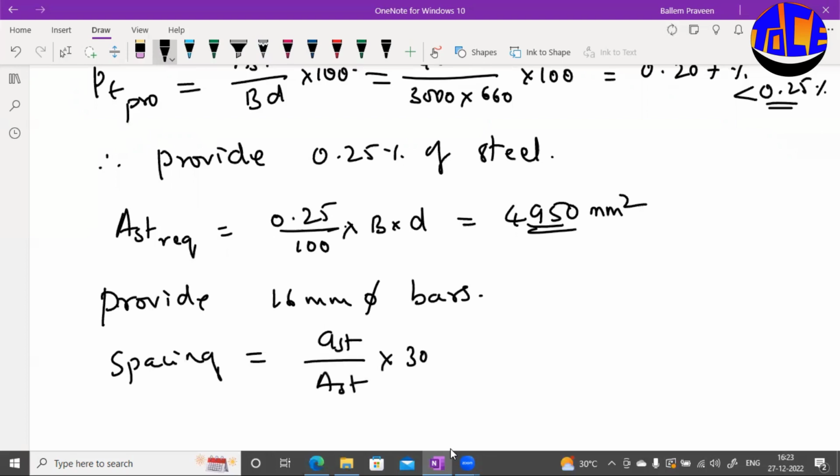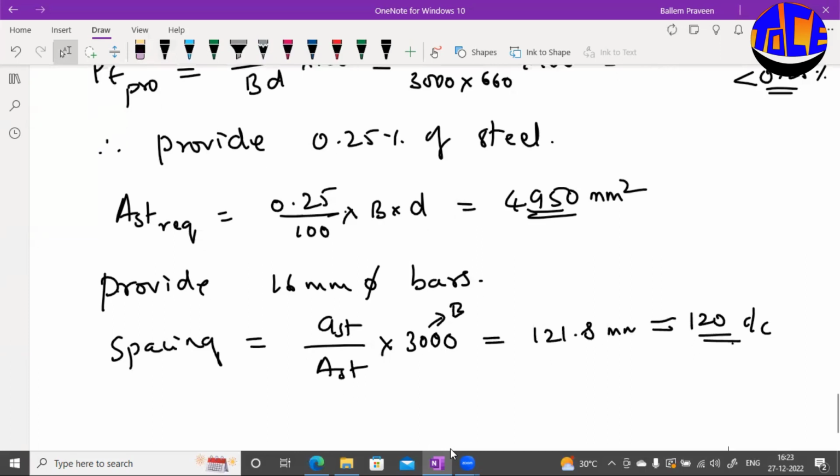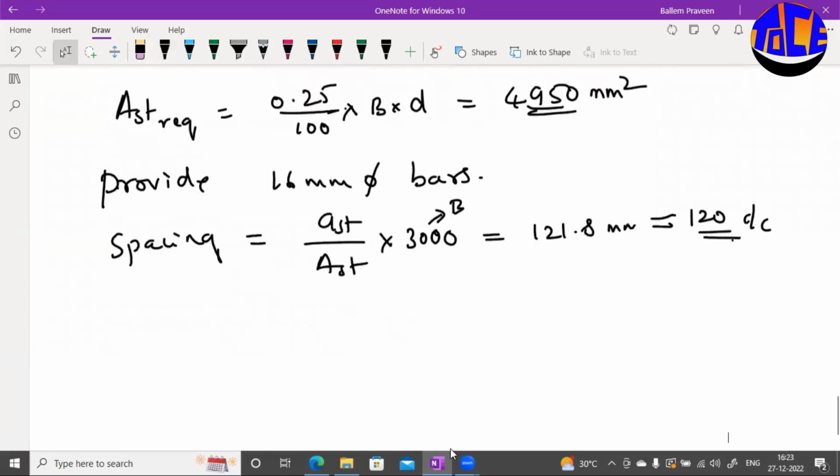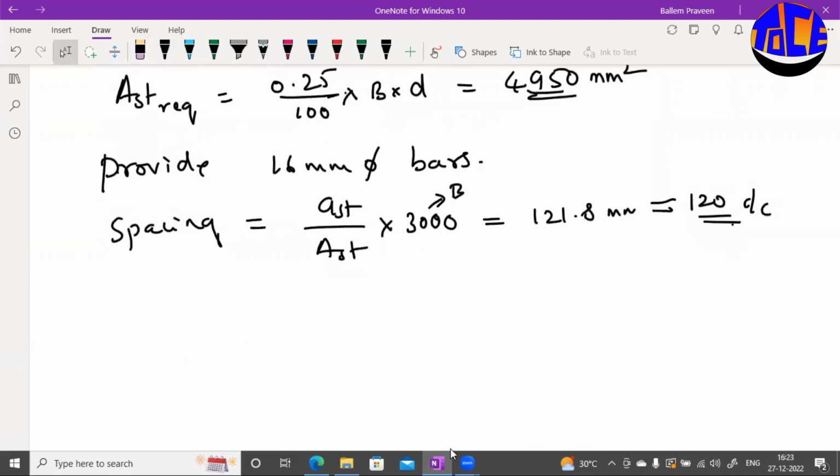So width is 3000. Throughout the width you need to distribute, right? So that's the reason I'm taking total width. So it will be around 121.8 mm. So I will take 120 center to center. Generally the spacing should be rounded to the minimum value. Okay, so this is my spacing that I have provided.